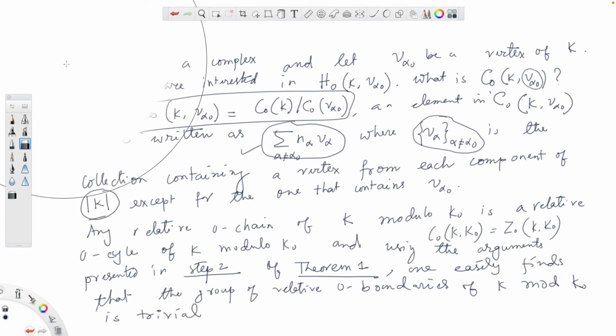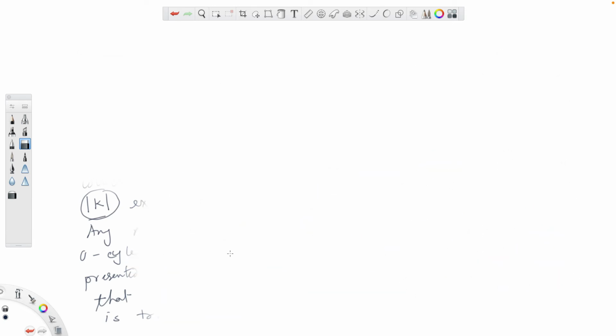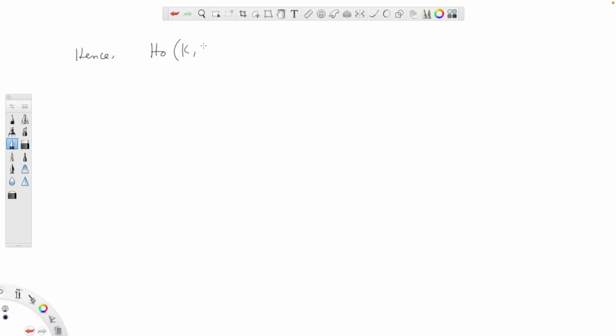Hence, H0 of K comma V alpha 0 is just Z0 of K comma V alpha 0, which is nothing but the group of relative zero chains on K modulo V alpha 0.